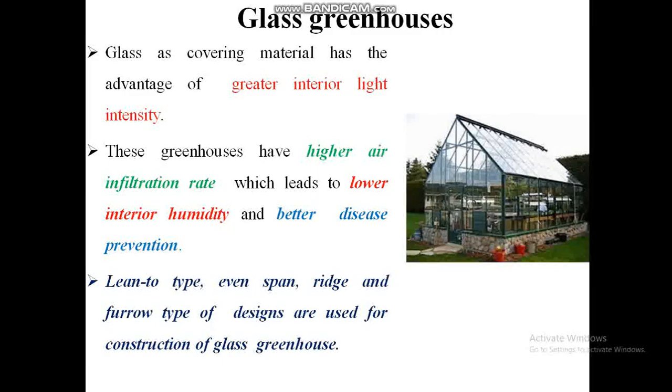This type of glass greenhouse has a higher air infiltration rate, which leads to lower interior humidity and better disease prevention. And lean-to type, even span type, ridge and furrow type of design are used for construction of glass greenhouse.